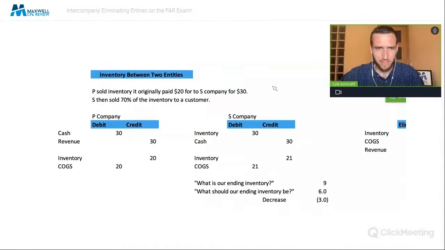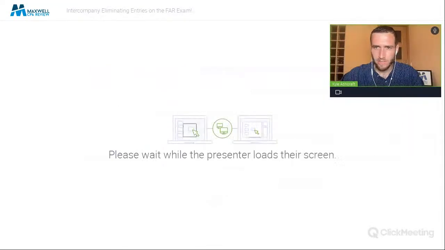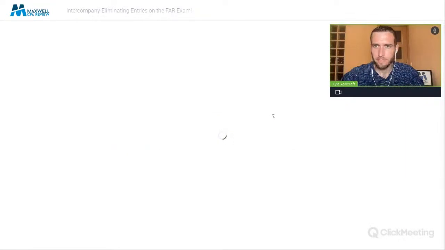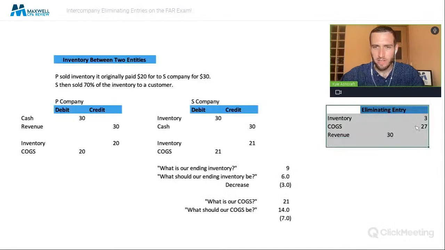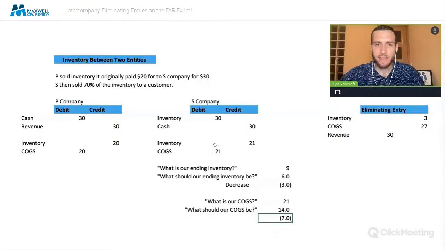Let me expand this screen sharing so we can see all of this at once. All right. What I'm doing over here is writing out the full adjusting entry. So we're going to have to decrease cost of goods sold by 7. And also, this expense right here is a direct result of the intercompany transaction.